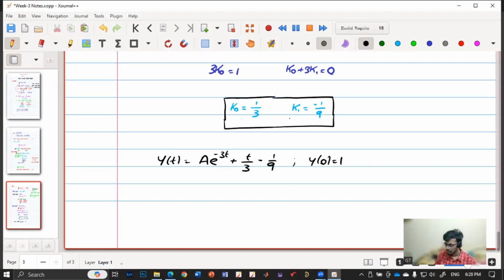So can you quickly tell me, y of 0 is equal to 1. Now can you quickly tell me what will be the value of a? Put t equal to 0 on both sides and see what is the value. You substitute this here and then you tell me what is a. 10 by 9.